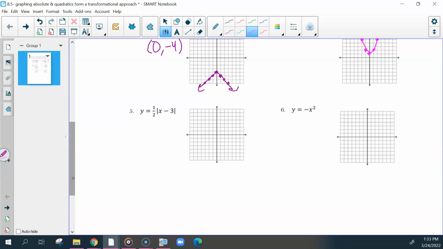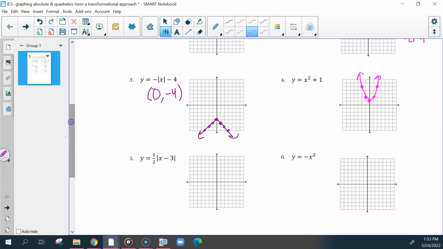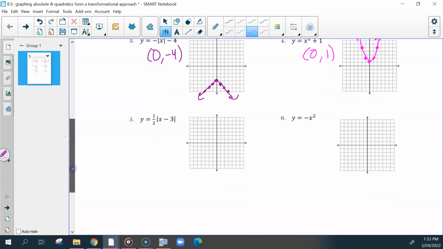Then the next one, we are moving to the left 3, so our vertex, and I don't think I did this, but our vertex for this one would have been at 0, 1. For this one, our vertex is going to be at 3, 0, because it's moved to the right.